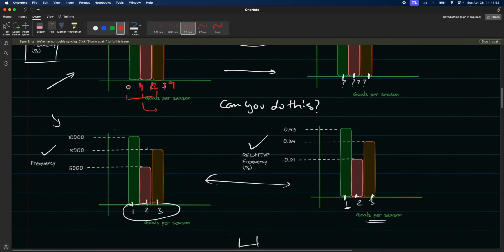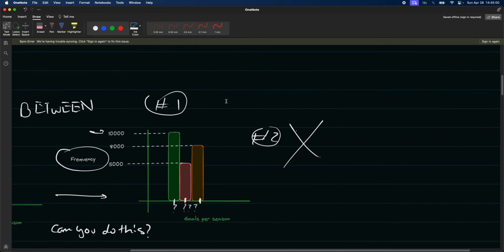Okay, and the center of a histogram is always the line that will divide the histogram into exactly 50% area on either side. So let's look at this one, for example.